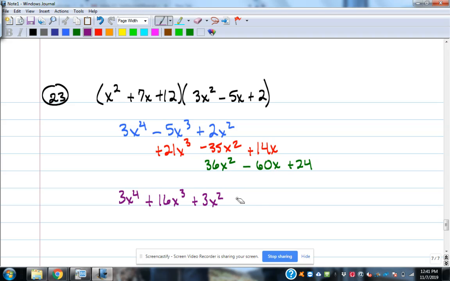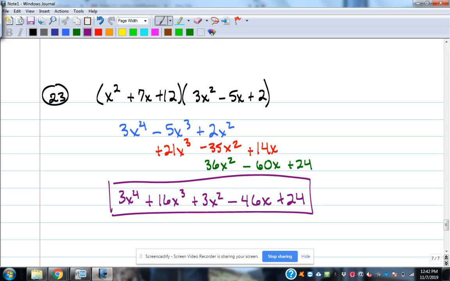Oops, not plus, but minus 46x plus 24. So again, the stacking is just a strategy. It is not the only way to do that, but it's just a strategy of how to get things to come together a little easier. All right.